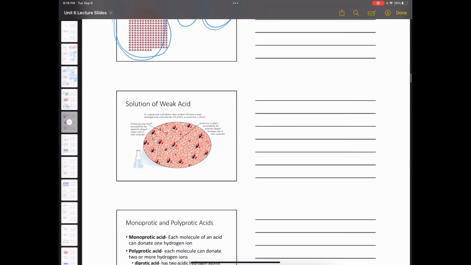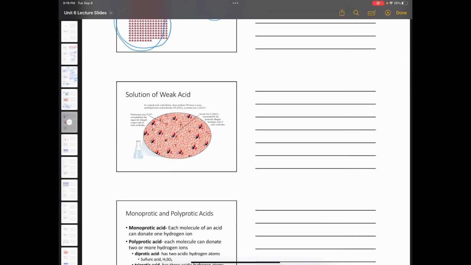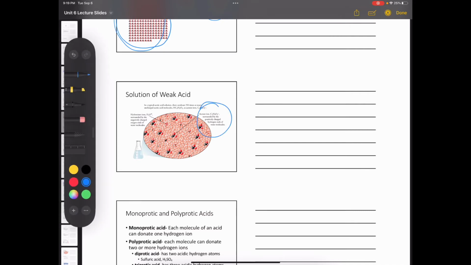How does that look in a flask? You will see the hydronium ion surrounded by the negative charge of the oxygen of the water molecule, and you have the acetate surrounded by the positively charged hydrogen end of the water molecule.